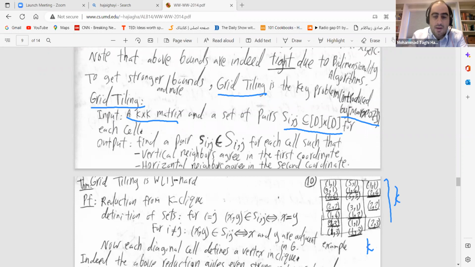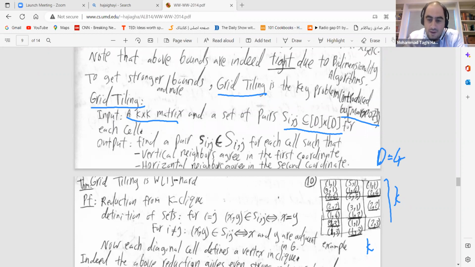For each cell of this matrix, a subset of these pairs is given. For example, here we have d equal to 4. So each cell of this matrix has a subset of these pairs. For example, this one has (1,1), (3,1), (2,2), (4,...).